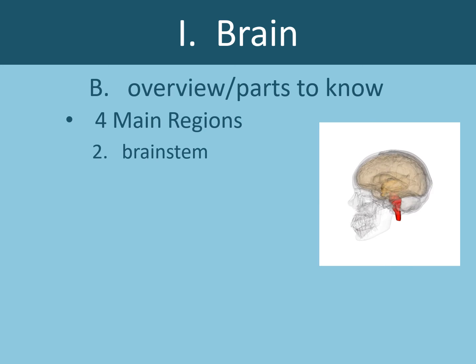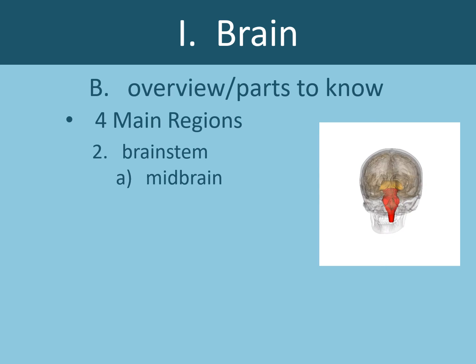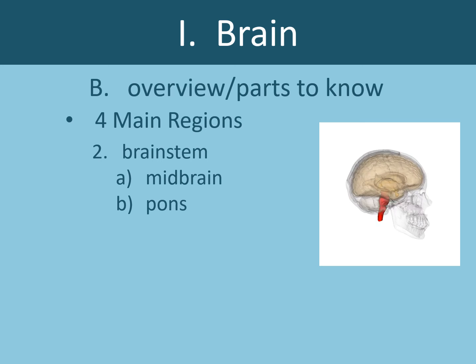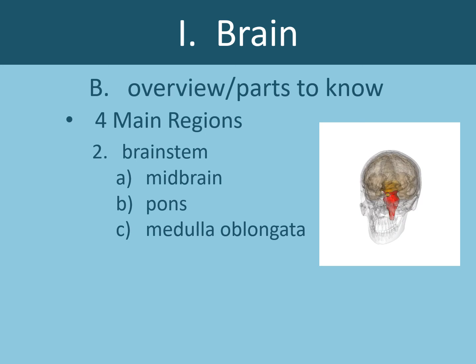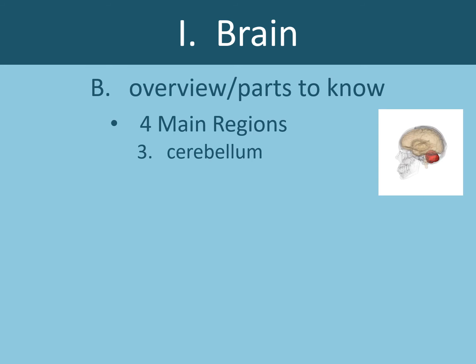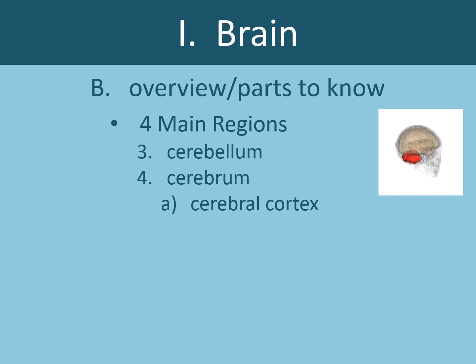The next major region is the brainstem, and the parts I'd like you to know are the midbrain, pons, and medulla oblongata. The next major region is the cerebellum, and there are no real major parts of the cerebellum that I'm going to ask you about. Finally, we have the cerebrum. The cerebrum is composed of two major layers, the cerebral cortex and the subcortical region. The cerebral cortex is composed of gray matter.